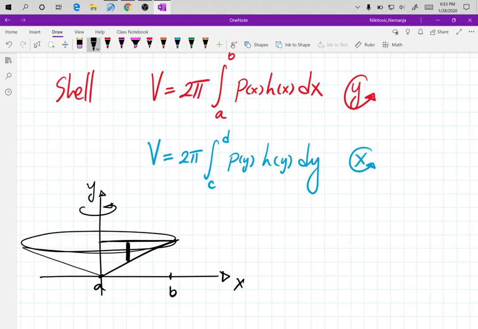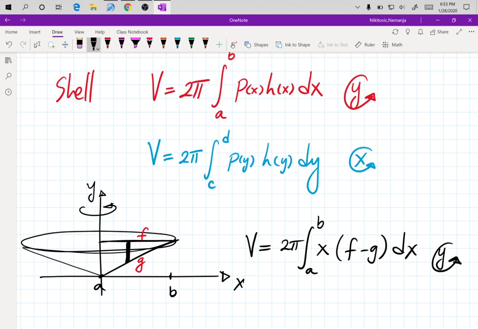If I draw a representative rectangle which travels from A to B, you see that the top function here is f, the bottom function over here is g, and this particular integral would be 2 pi integral a to b x, I'll explain this, times f minus g dx because it's a y rotation. So y rotation shell method gets you dx.